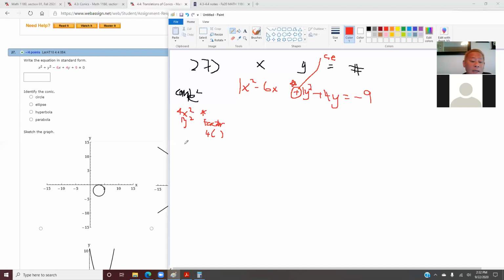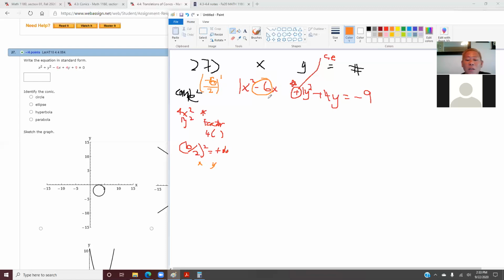And then next, you take the middle term, you divide it by 2, and you square it. This number you have to add to both sides of the equation. You have to do it twice, one for x and one for y. If you look at x, the middle term in this case is -6. So you divide this by 2 and you square it.